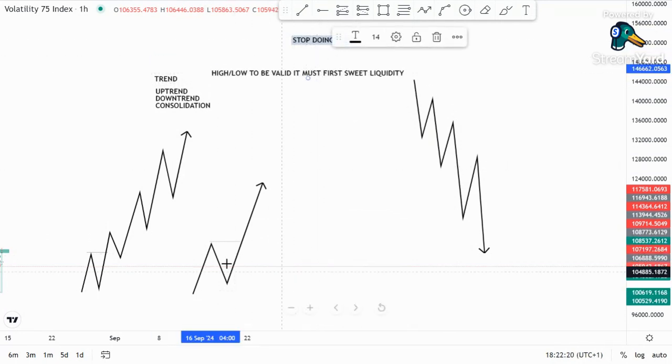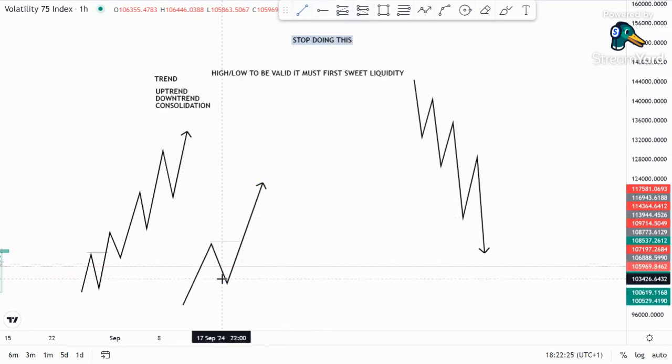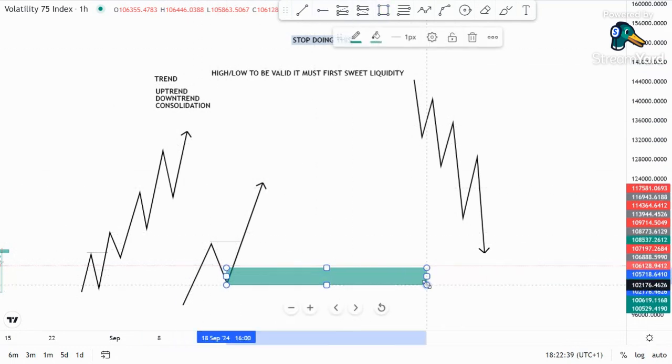So when I mean sweep liquidity, if this low is just empty, there was no sweep of any previous low before breaking structure, I wouldn't want to be taking any of my POI from here. I will be very skeptical trading this, right?